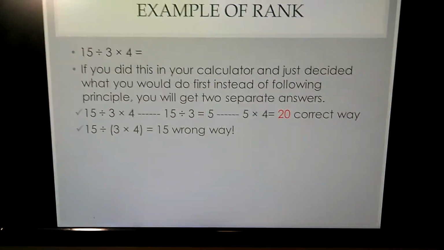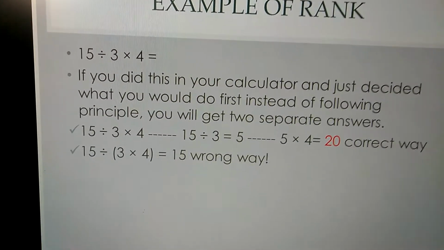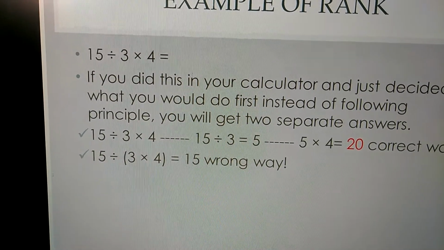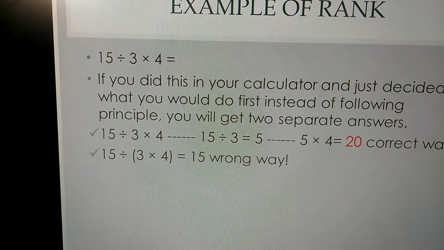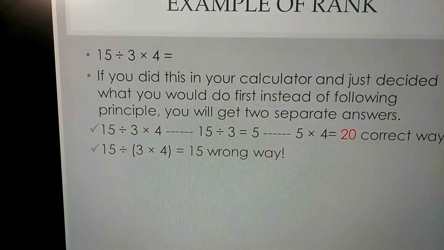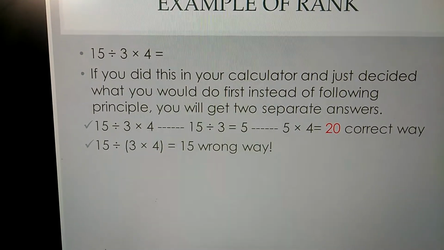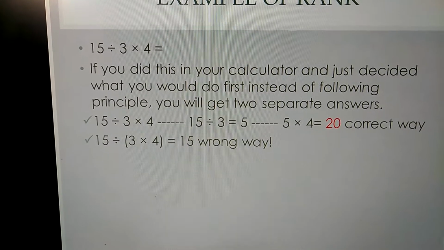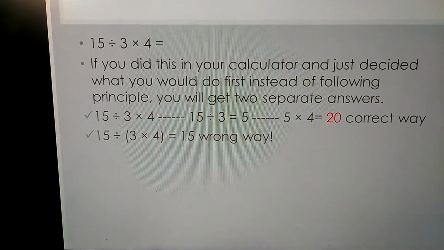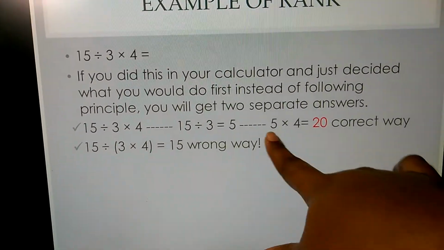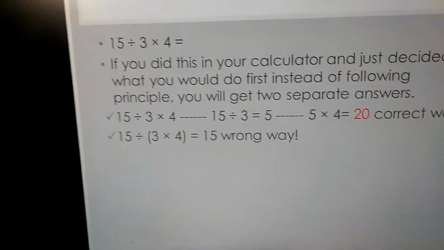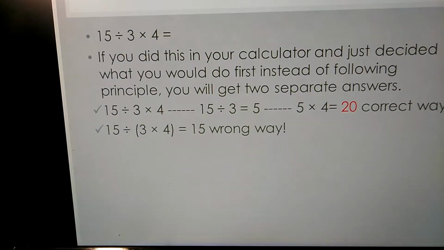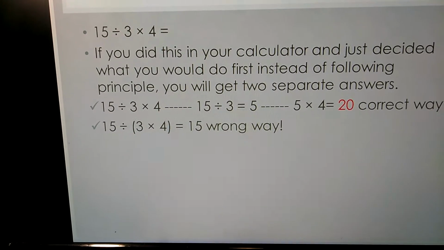So here's an example of a rank. We have 15 divided by 3 times 4. Which step do you do first? If you did this in your calculator and just decided what you would do first instead of following the principle, you would get two separate answers. The correct way is this one right here. Multiplication and division is from left to right.